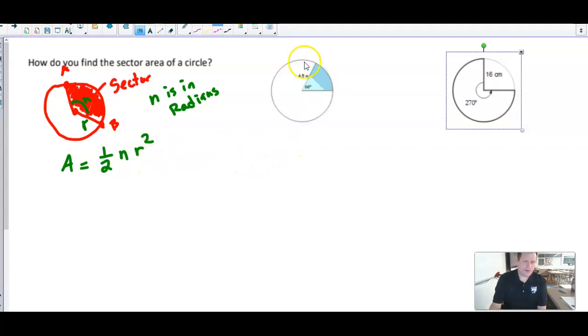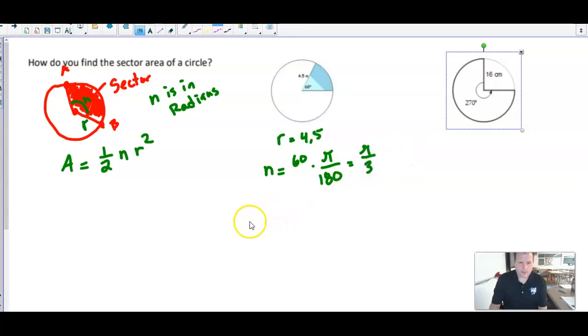So if I look at this one on the right here, I've got my radius. My radius is 4.5 right there. And then my n is 60 degrees, but that's a problem. I have to put that into radians, so I'm going to multiply that by pi over 180, and then I'm going to leave it as that fraction. So this becomes pi over 3.